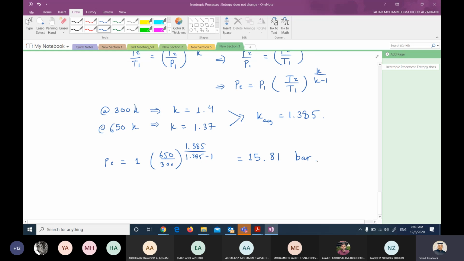So since this is an ideal gas, Doctor, I have 16.14. 16.14. Are you sure? Yes. Did I make a mistake here?